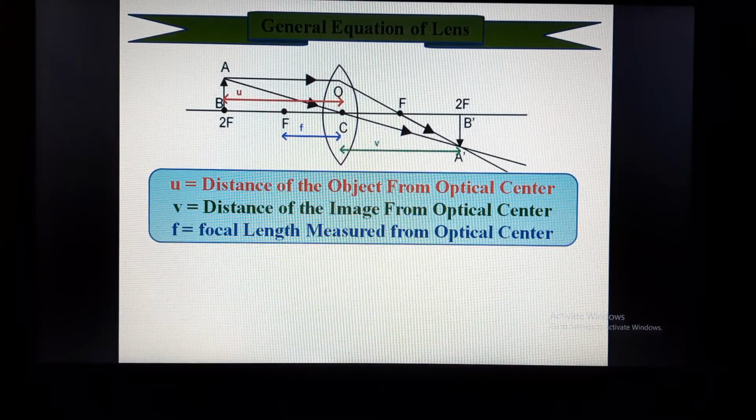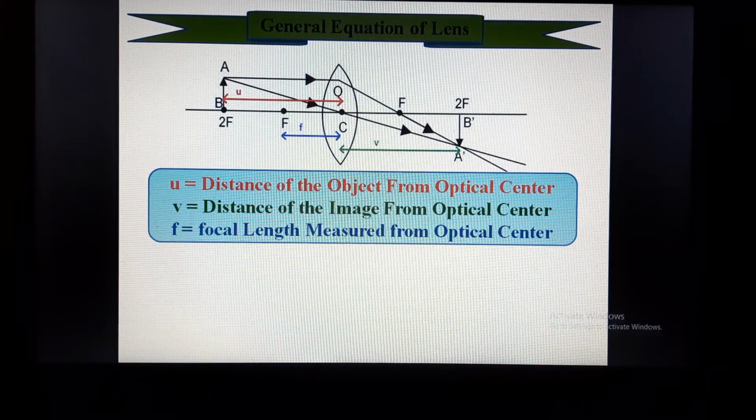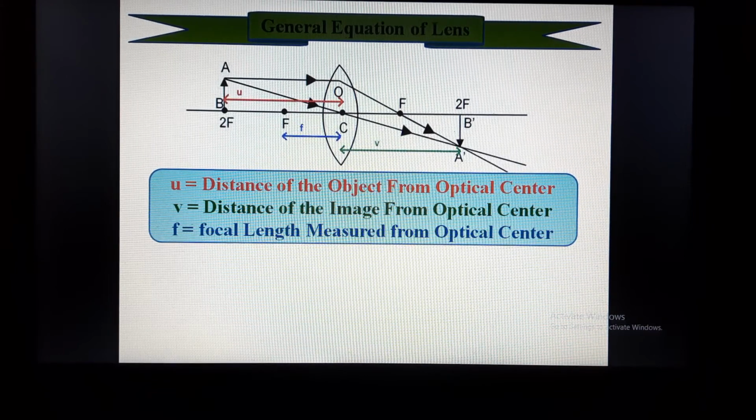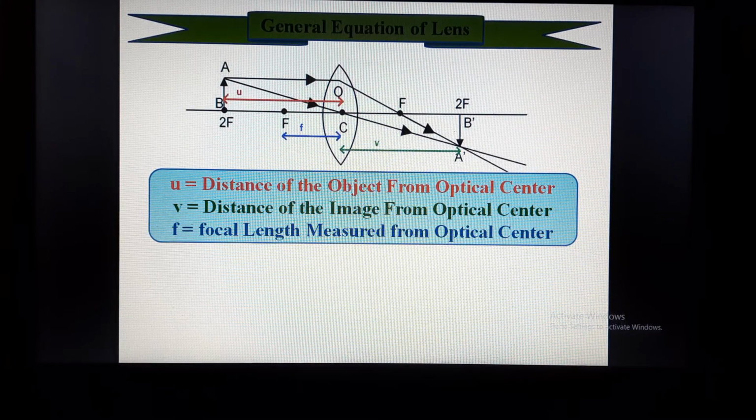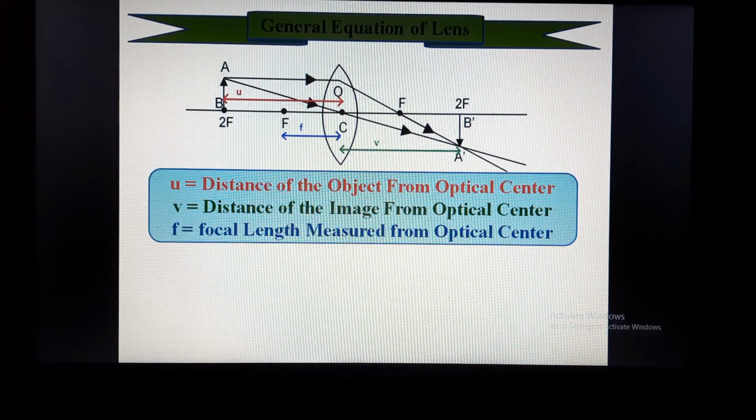Okay, so boys, here the optical center is very important for lens analysis, because all distances will be measured from the optical center for a lens.